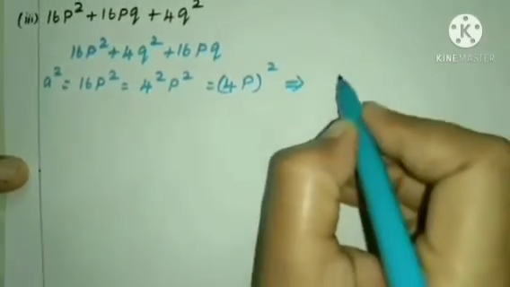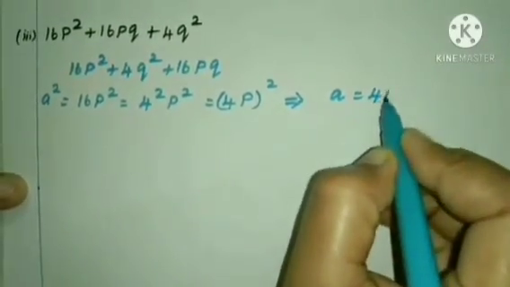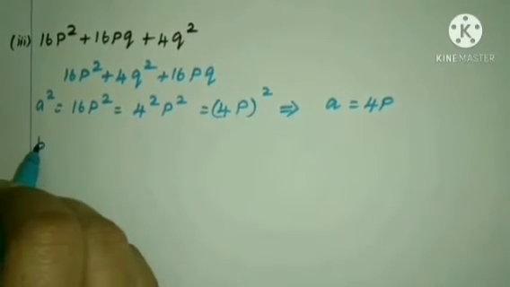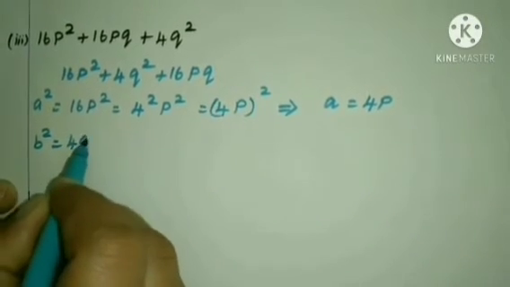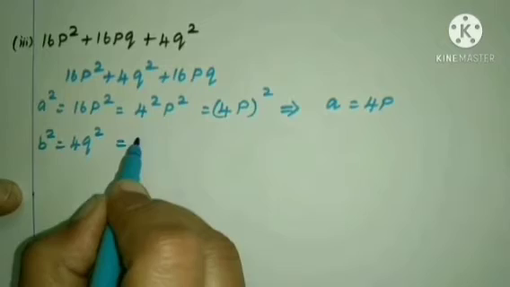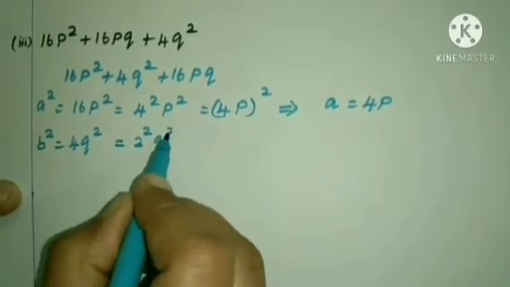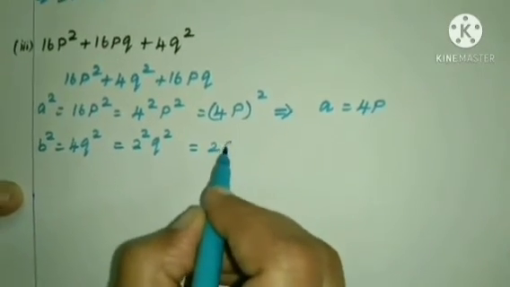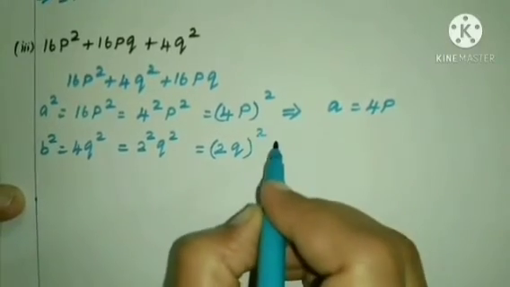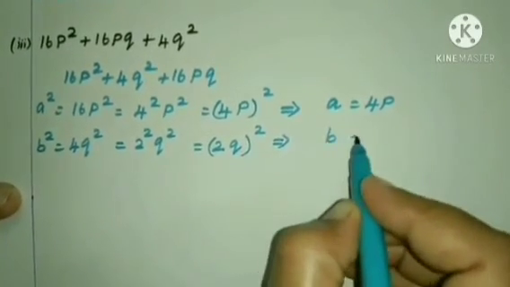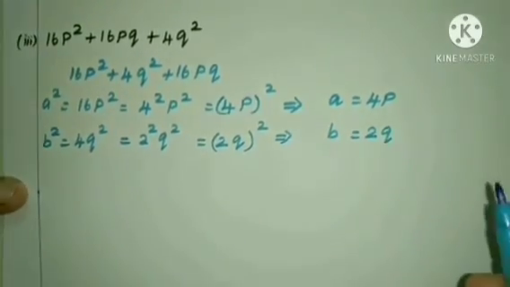This implies here a is 4p. Then b square is 4q square. 4 is 2 square q square, which is equal to (2q) the whole square, which implies here b is 2q.